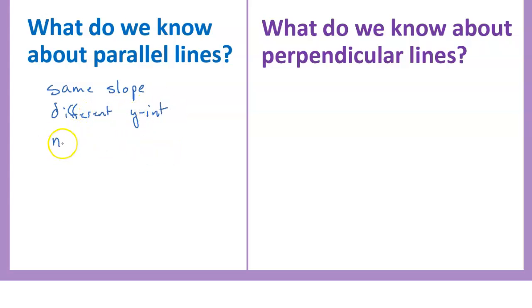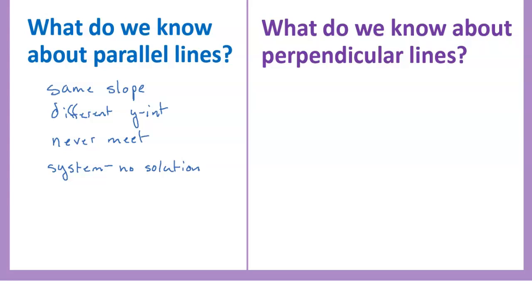We know that they never meet. We know that if it's a system with parallel lines, there's no solution because they never meet, they never cross, and where they cross is where the solution is. What else do we know about parallel lines? Can you think of anything? This is a pretty good list.